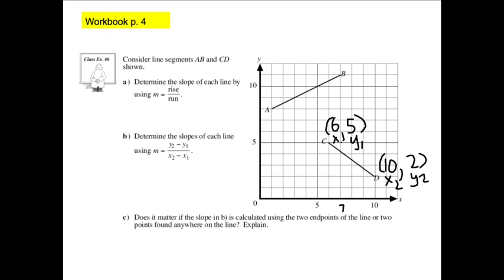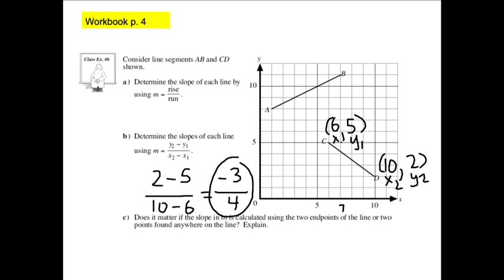Let's put these into the formula now. You've got 2 minus 5 all over 10 minus 6. 2 minus 5, that's going to be -3. 10 minus 6, that's going to be 4. So the slope of line segment CD is going to be -3 over 4, which is the same as what we got with the last problem.